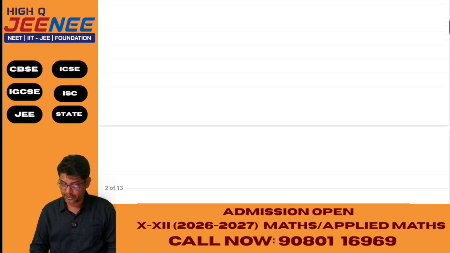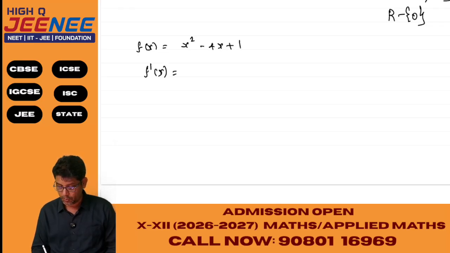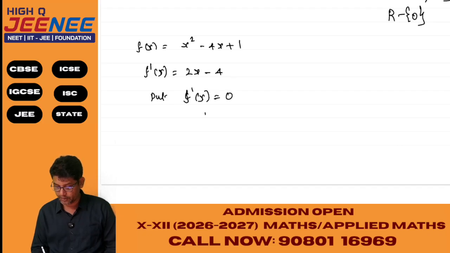First step, f dash of x. What is f dash of x? 2x minus 4. Now, put f dash of x equal to 0. Critical point. So, 2x minus 4 is equal to 0. 2x is equal to 4.